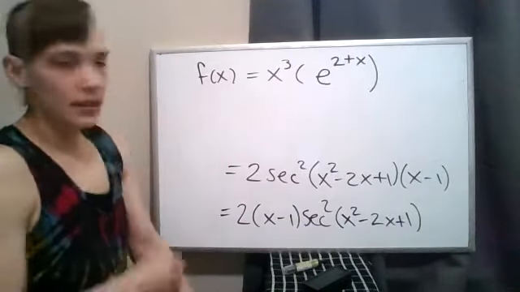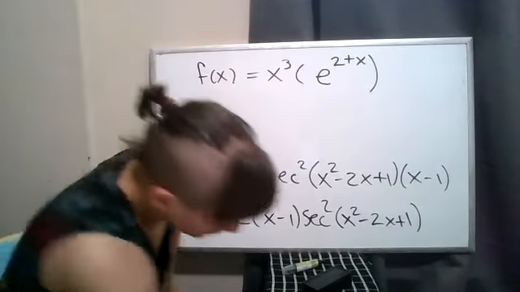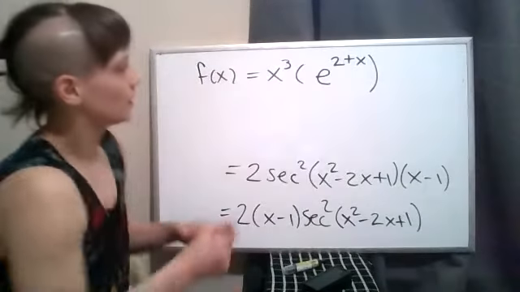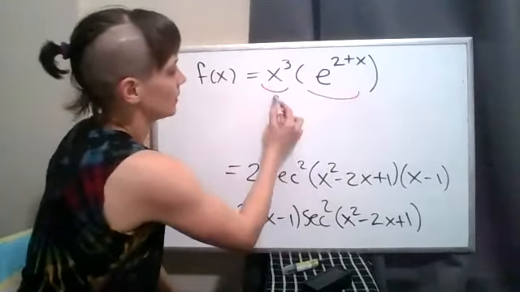So we have f and g. I'm going to call f x cubed, this is g.